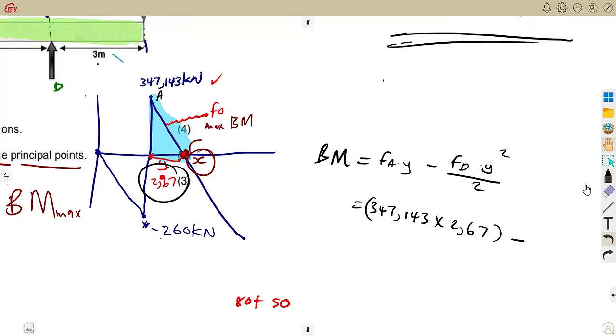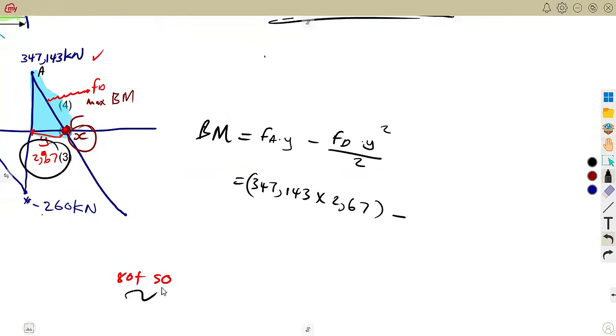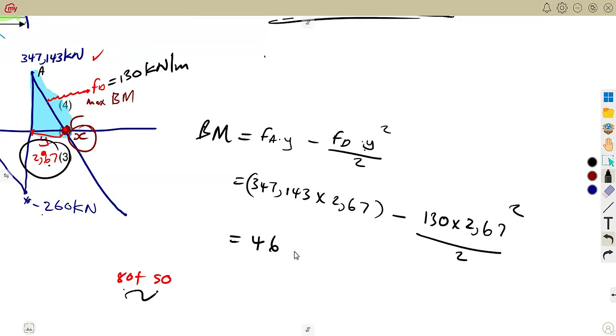Remember, we combined it together, 80 plus 50, it was now 130 kilonewton per meter. So that's 130 times y squared, 2.67 squared over 2. So that was the formula that I gave you, and this formula was supposed to give you the maximum bending moment from what I explained in the introduction.